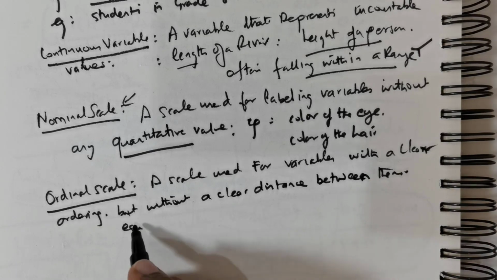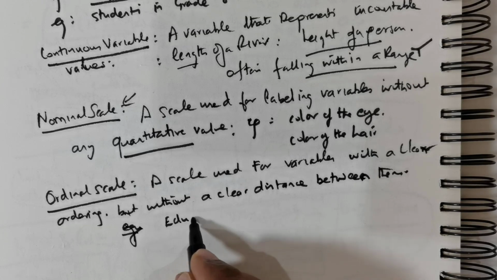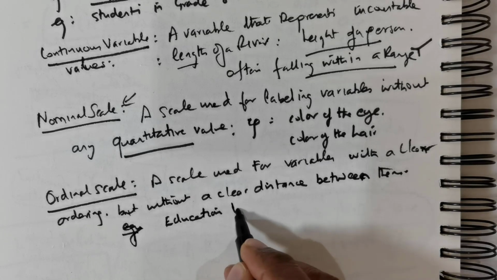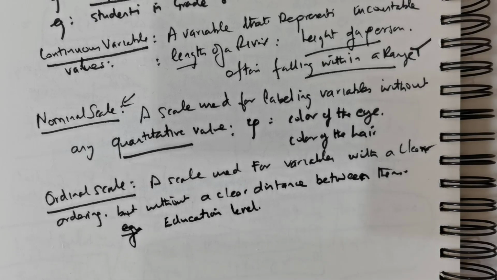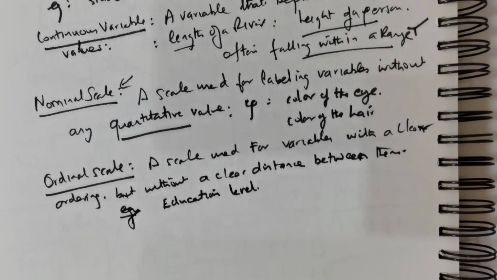Example, the best example in this case is the education level of an individual. So moving on, we got two more to go.